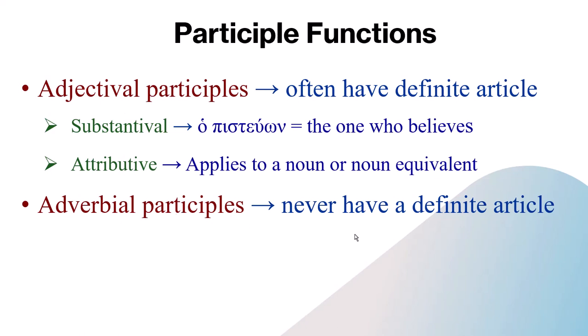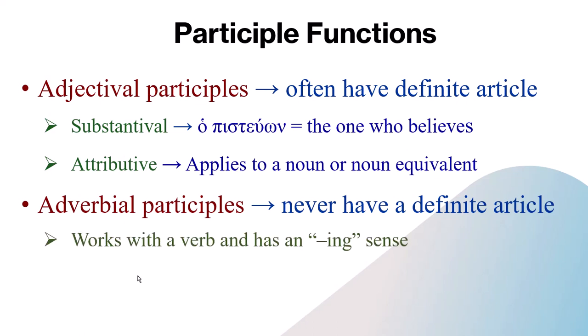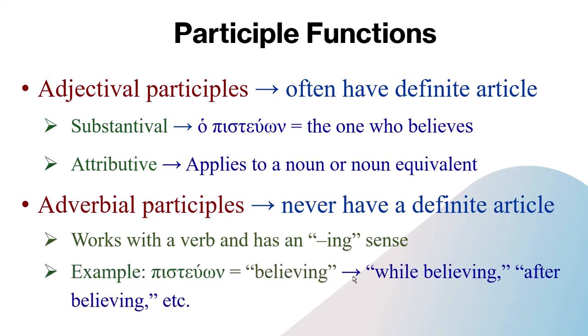And these never have a definite article. We say that they're adverbial because they work with a verb and they have an -ing sense. So for example, using the same participle, pisteuōn, if we use this with a verb, then it would have the sense of believing.